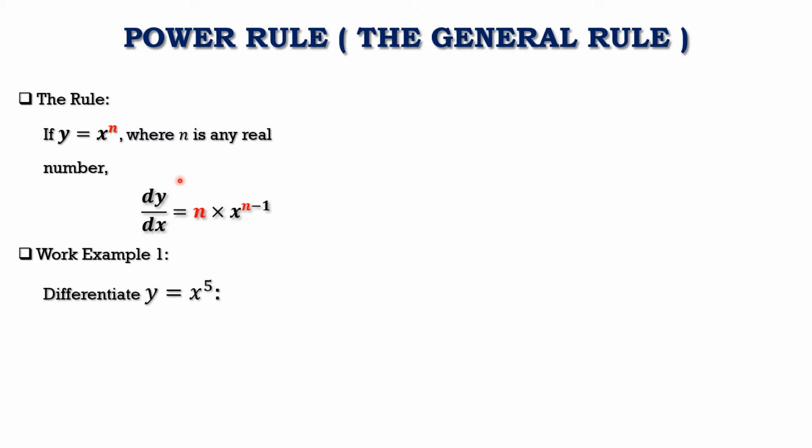So using the rule, which says dy dx equals n times x raised to the power n minus 1, our dy dx will be 5 multiplying the expression, maintaining the x, and subtracting 1 from the index, which is 5. Then our final expression will be dy dx equal to 5x raised to the power 4. So this represents the change in y with respect to x of this particular function.